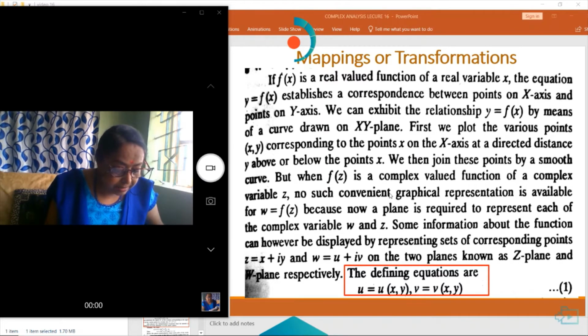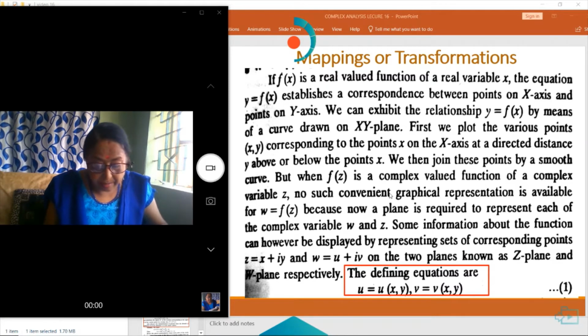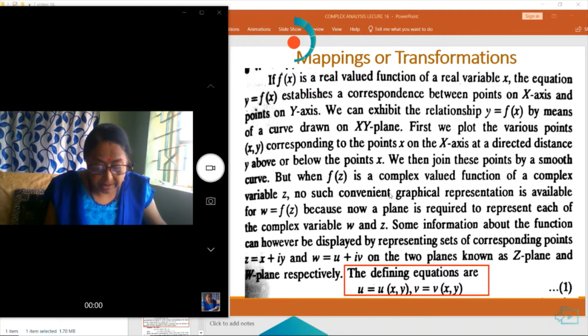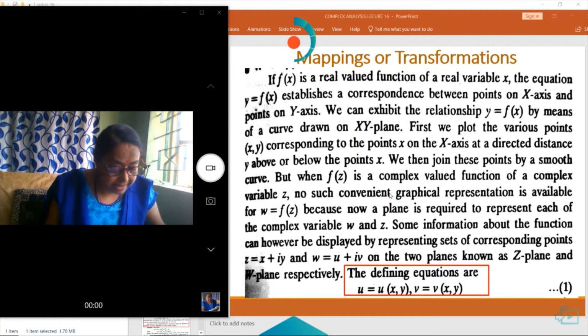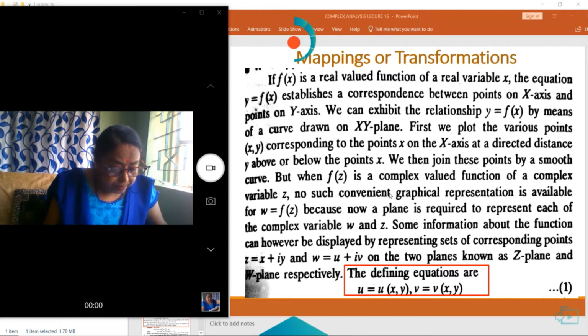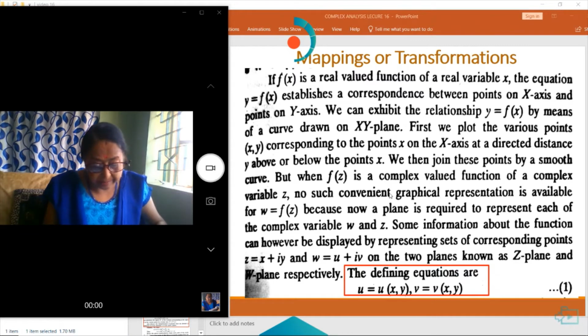We can exhibit the relationship y equal to f(x) by means of a curve drawn on the xy plane. First, we plot the various points (x, y) corresponding to the point x on the x-axis and a point y on the y-axis. Then we join the points by a smooth curve.